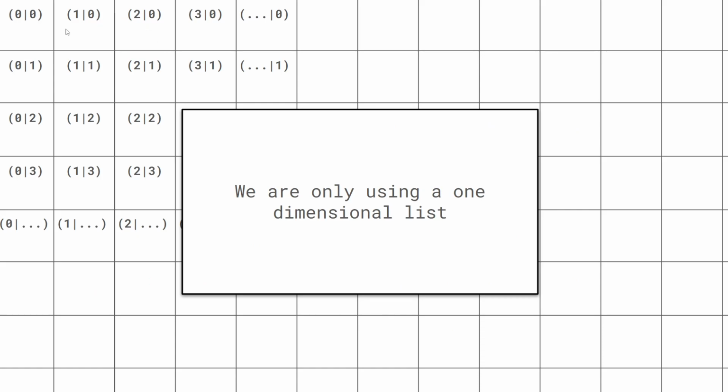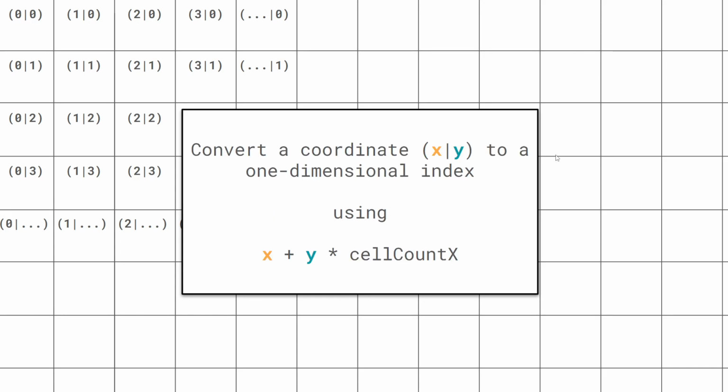So we are converting this two-dimensional grid into a one-dimensional list, and we can do that using a formula, and this is this formula. We're gonna use the x-coordinate for the x component, and the y coordinate for the y component of a cell index, and we're going to multiply it by the cell count in the x direction.